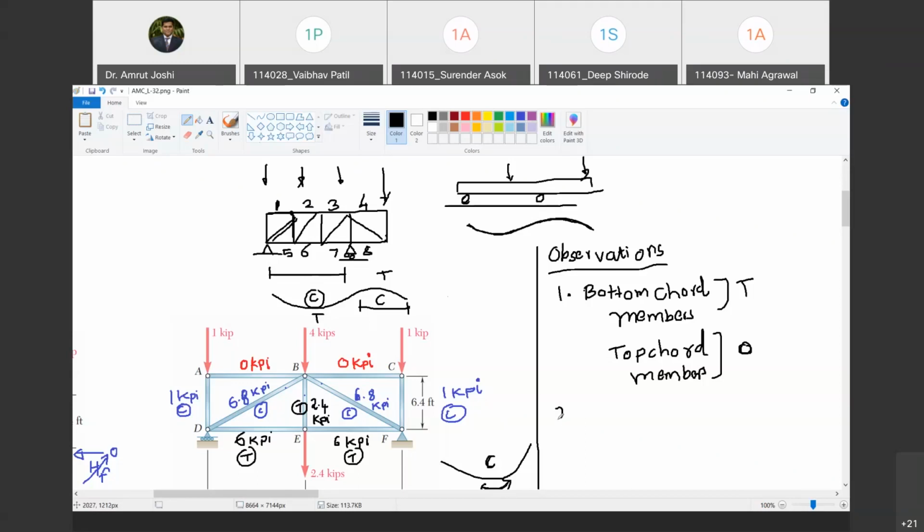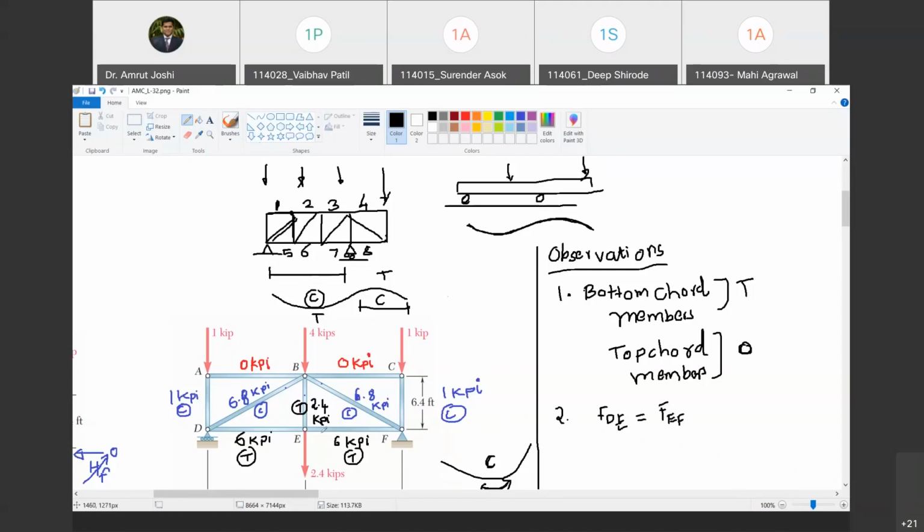Second observation that we make is force in member DE and force in member EF same? देखो DE और EF क्या दोनों में फोर्सेस सेम है? Yes, sir. Yes.